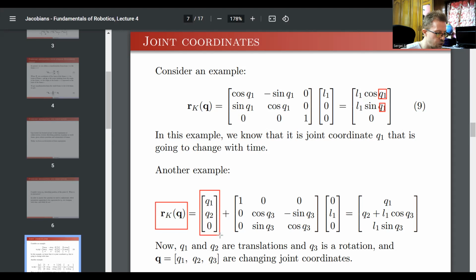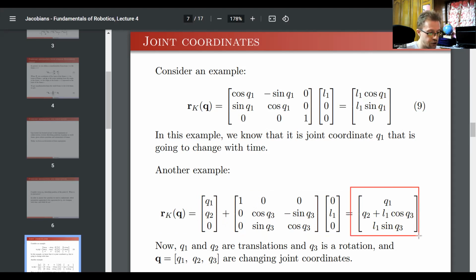Now consider another example. We have q1, q2 plus rotation around x-axis. Notice this is how you get that the rotation is around x-axis. What doesn't change is the first element of the vector which you multiply. And you get this expression: q1, q2 plus L1 cosine q3, L1 sine q3. So that's what you get.